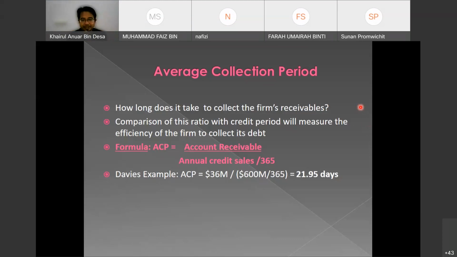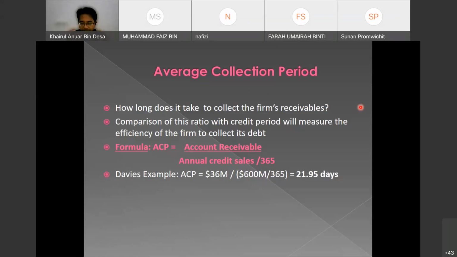ACP akan menguji keberkesanan syarikat untuk mengutip hutang jualan. How long does it take to collect the firm receivable? To test how effective our company is to collect the account receivable.